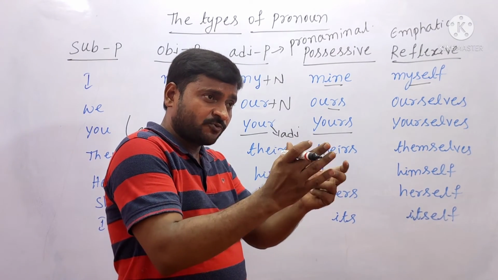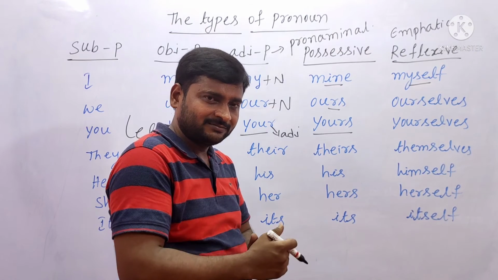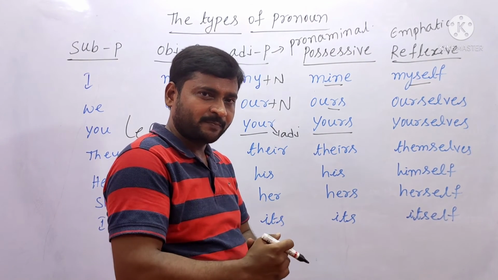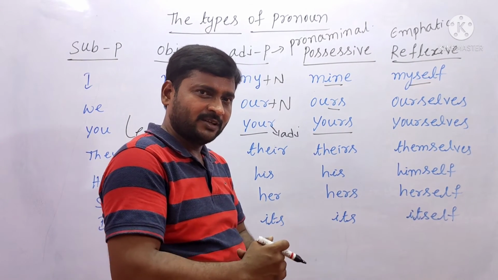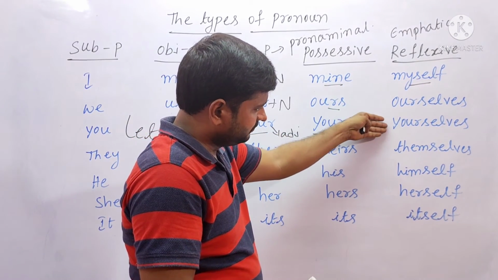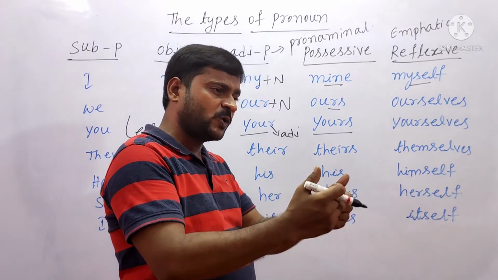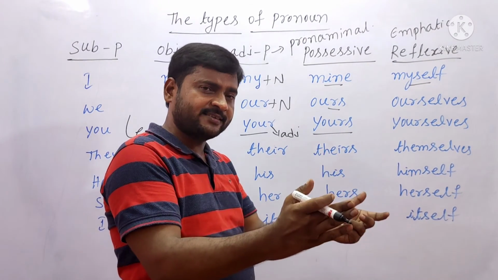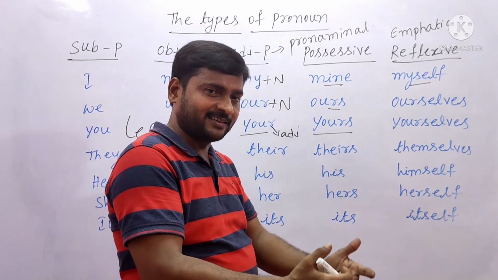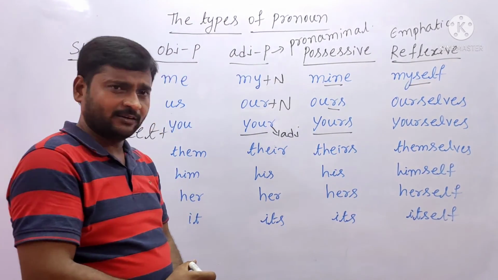As you frame a few examples: you can do yourself, you can decide yourself, you can publish a book yourself. Yourself or yourselves: if the person is alone, then you can say yourself. For more than one person, you can say yourselves. Like that. I think you understand here.